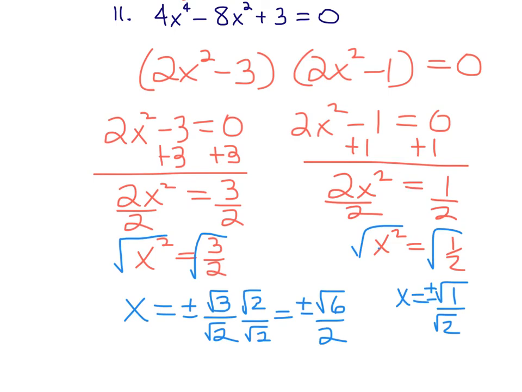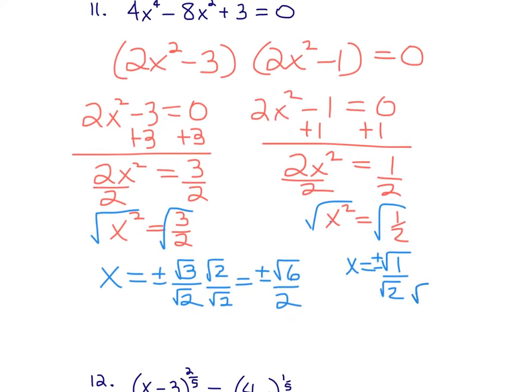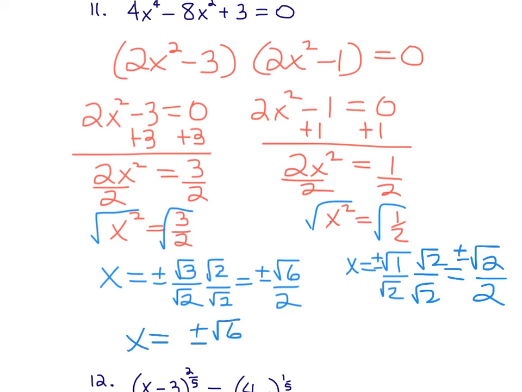I could actually square root the 1, it becomes 1, but I've got to rationalize that bottom. So root 2 over root 2 gives me square root 2 over 2, plus minus. So the final answer here, plus and minus square root 6 over 2, and this one plus and minus square root 2 over 2. It's a trinomial, we didn't need to check it.